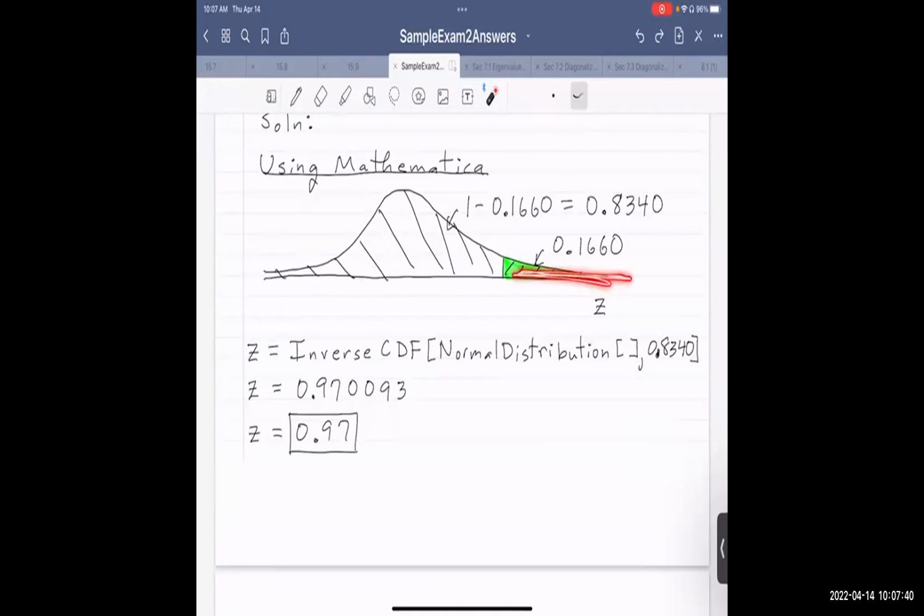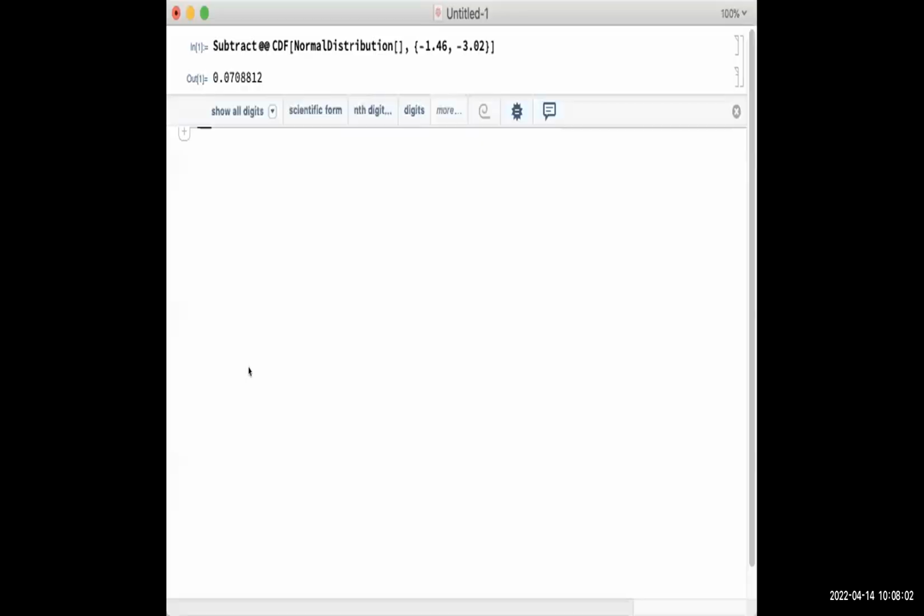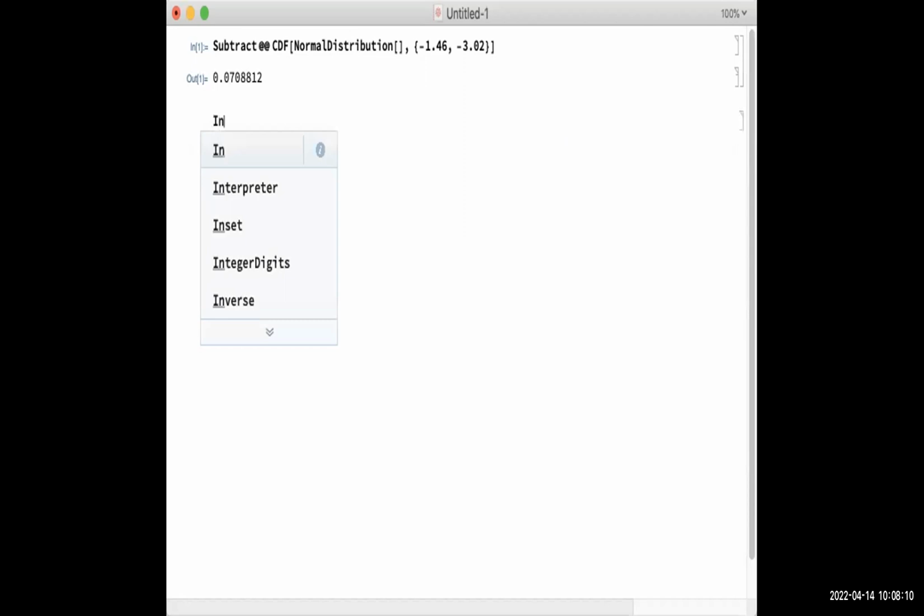My area is 0.1160, and just like with Excel, I'm going to look at the area of the left tail rather than the right tail, so the inverse CDF of the normal distribution at 0.8840. So I'll type in the inverse CDF of the normal distribution.